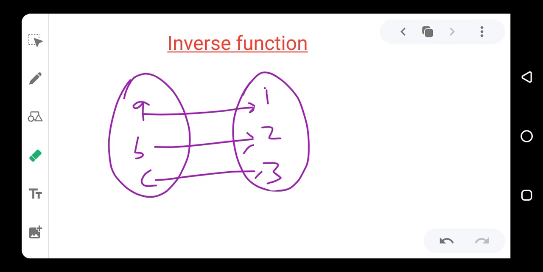An inverse function is a function that is reversed. For instance, if we have this place as -1, -2, -3, then mapping to 1, 2, 3.